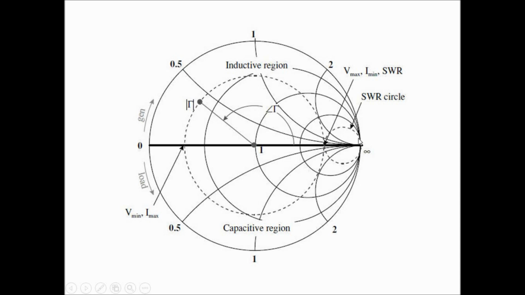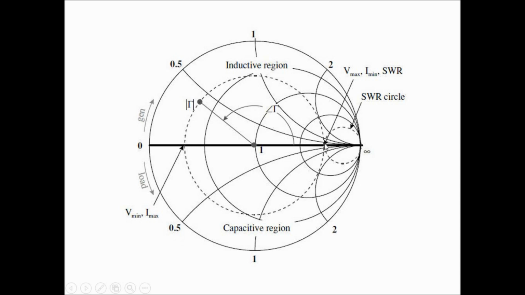You don't need to draw the SWR circle. However, without drawing the SWR circle, you will get the SWR value from here. And at the point opposite to this point, it has the voltage minimum and current maximum. Sometimes we might ask you to locate the point where voltage has the maximum value.